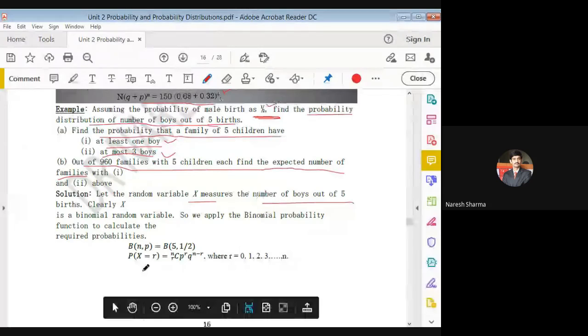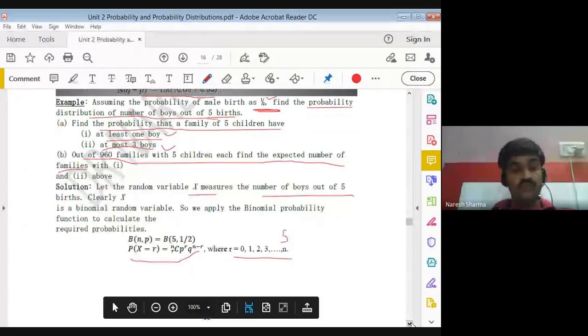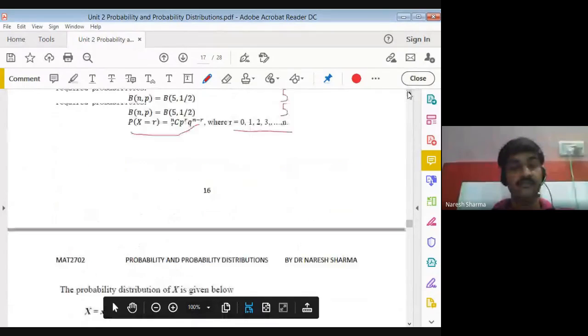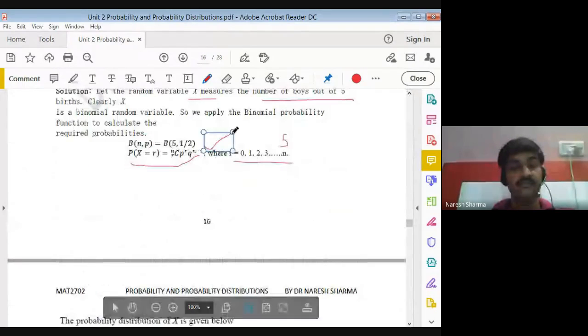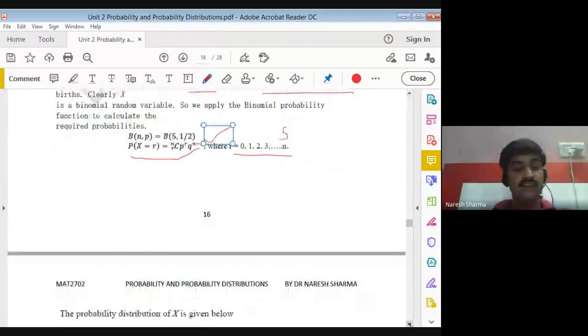So the binomial distribution can be represented by nCr p^r q^(n minus r), where r moves from 0, 1, 2, 3, 4 up to 5. So you can form the table, that is P0, P1, P2, P3, P4, P5, by using this formula. The first part says at least 1 boy.